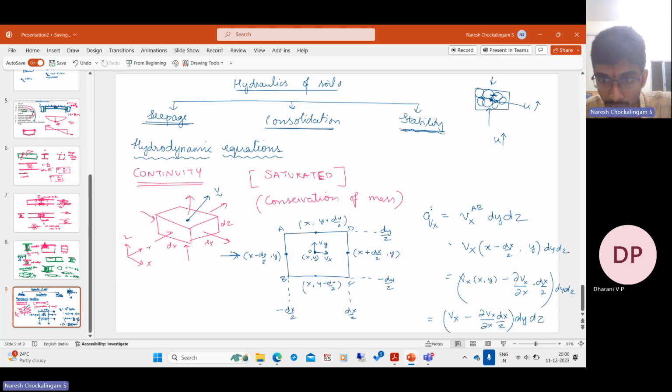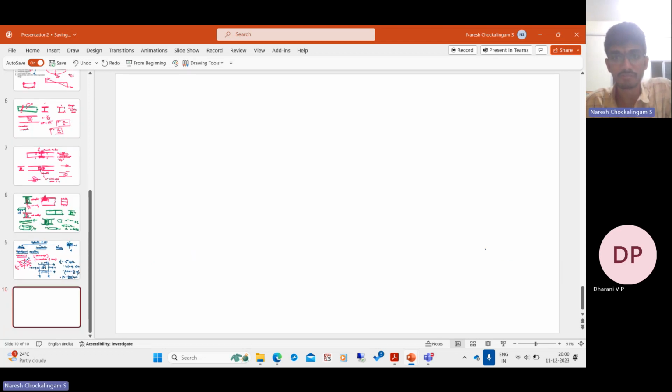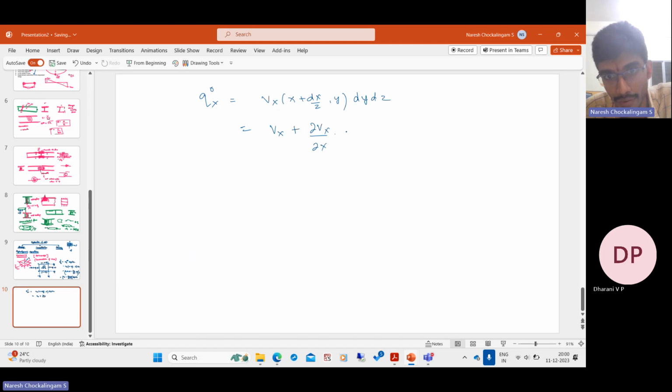This is the incoming flow. Let us call it qx in. And then what is the outgoing flow? The outgoing flow is qx out. It will be just the opposite: Vx of x plus dx by 2, comma y, multiplied by the area dy dz. So this is nothing but Vx plus partial Vx by partial x, dx by 2, dy dz.